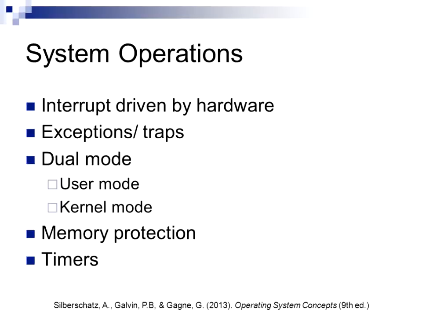We already talked a little bit about how the system is interrupt-driven by the hardware, and there are also exceptions and traps that you might generate as you're running programs. But the system also has what's called dual mode. You don't want everyone to have access to what are called privileged instructions in the operating system.